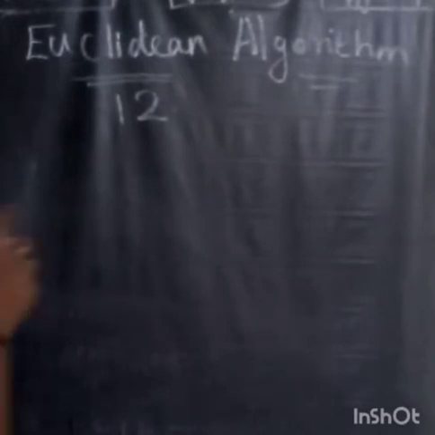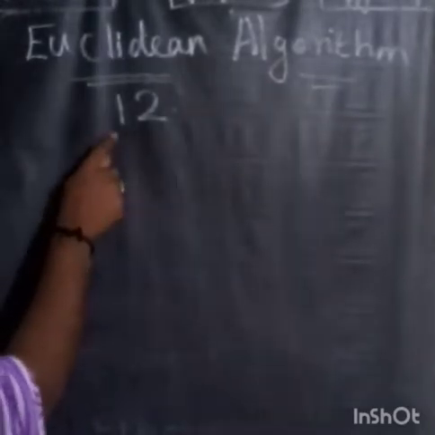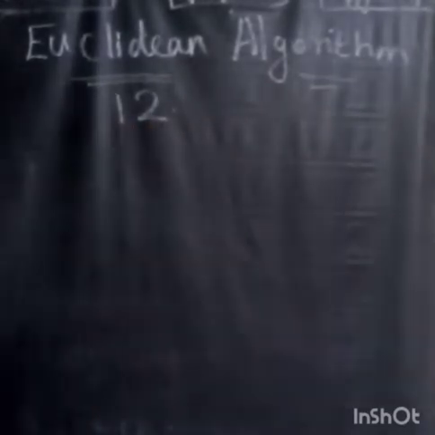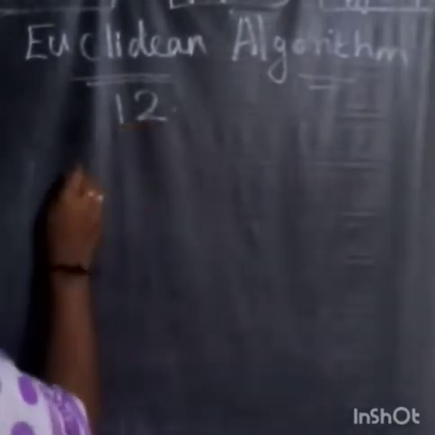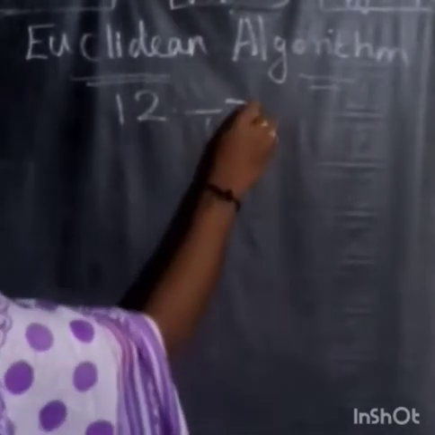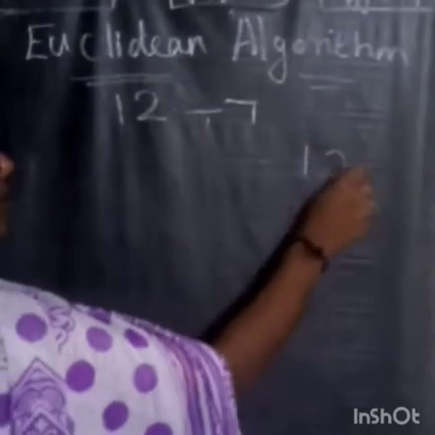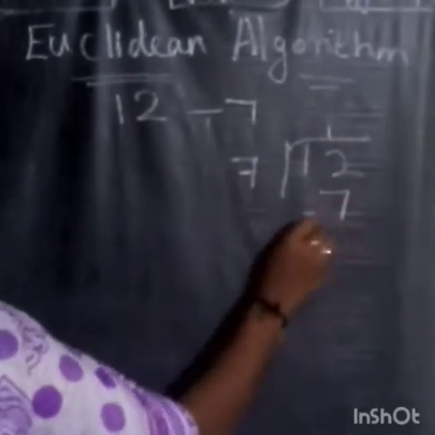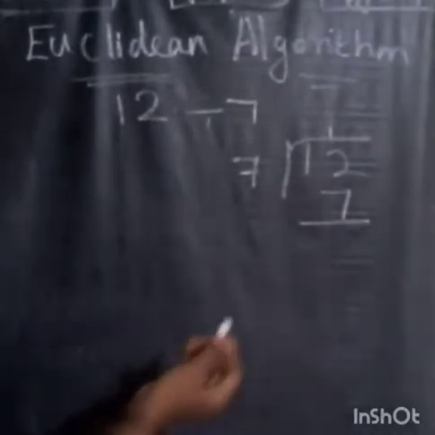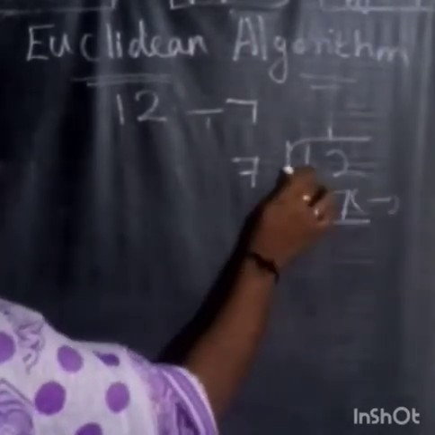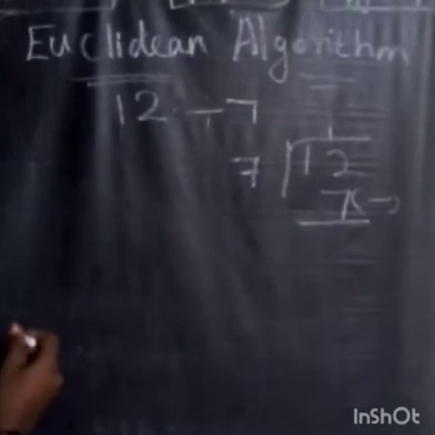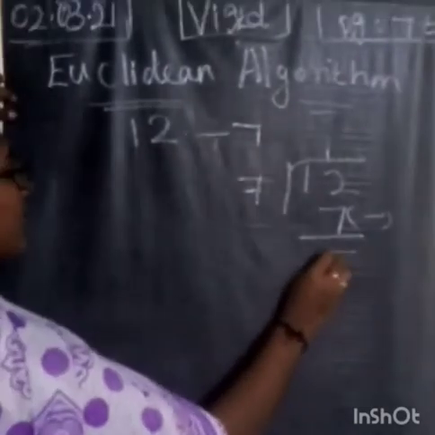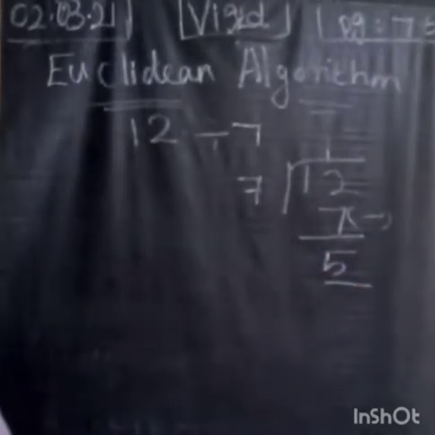If we divide 12 by 7, 1 seven is 7. So we subtract: 12 minus 7, we get the remainder 5.